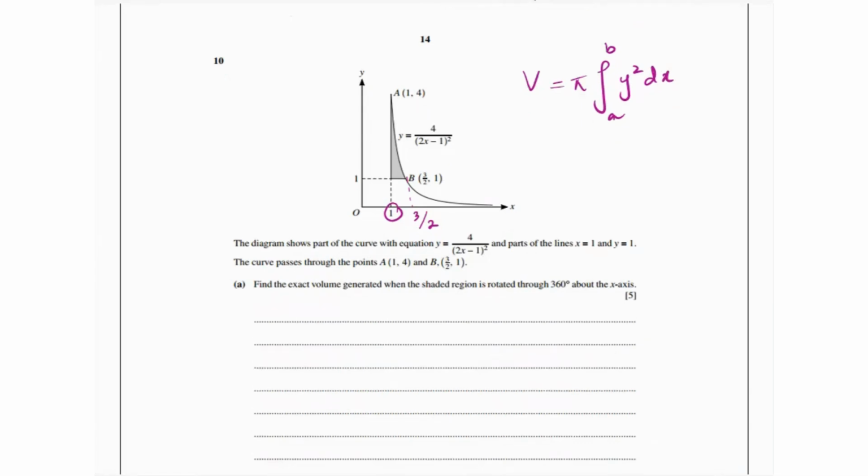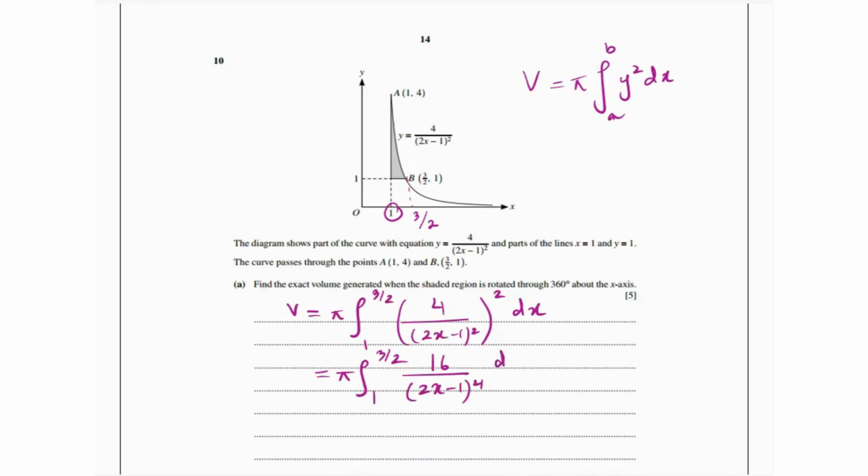Let's begin with writing down our equation. From 1 to 3 over 2, (4 over (2x minus 1) squared) whole squared dx. So square this first. That's 16 over (2x minus 1) whole power 4.